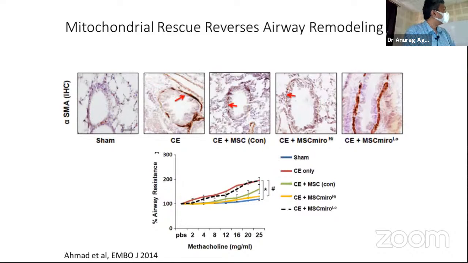What you see is, if I give a highly mitochondrial transferring MSC, that's the yellow line, it's almost back to normal. But if I give an MSC incapable of donating mitochondria, that is the dashed line, nothing changes on AHR. Inflammation comes down, inflammatory cells come down, but the structural remodeling of the lung that creates AHR does not change. And that's a very important concept in asthma.